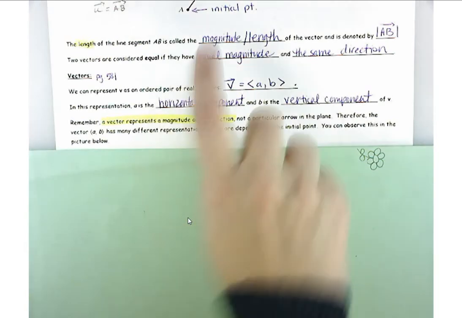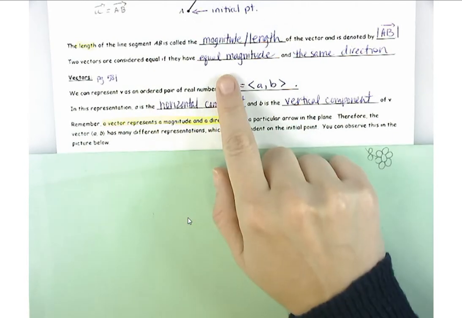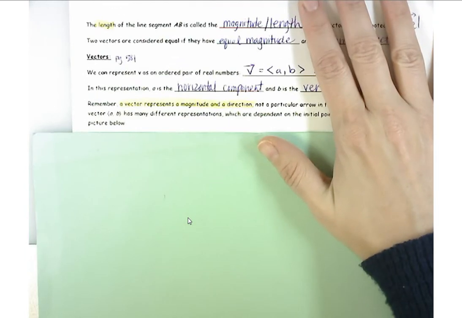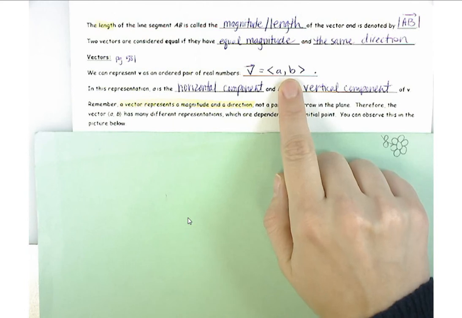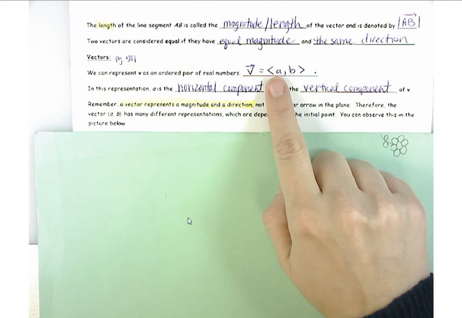The magnitude is the same thing as the length. Two vectors are equal if they have the same magnitude and are also going the same direction. When we represent a vector, we have two components, a and b. It kind of looks like a point, but instead of soft or hard brackets, we have these carets, or you can think of them as arrow brackets.